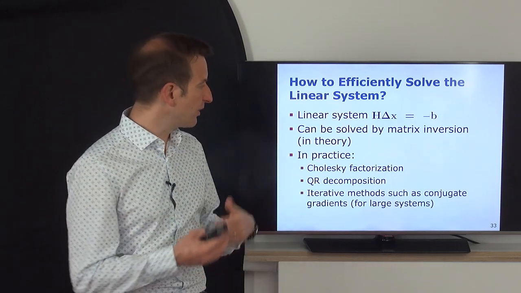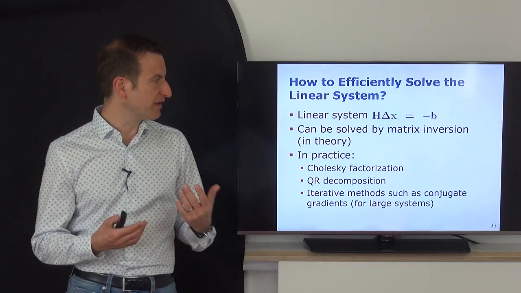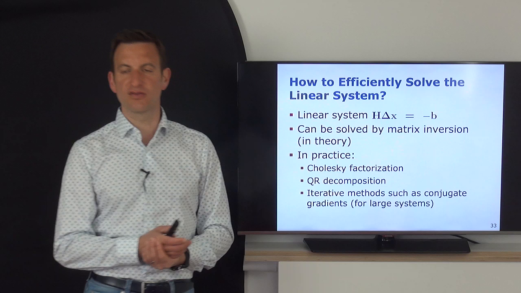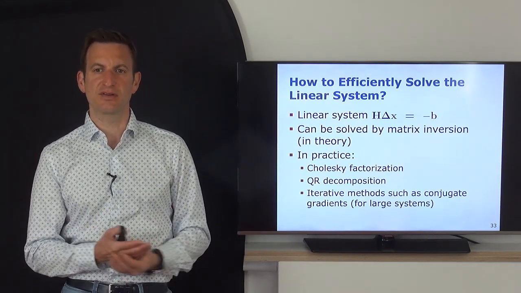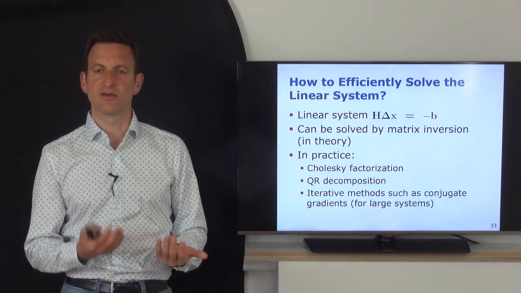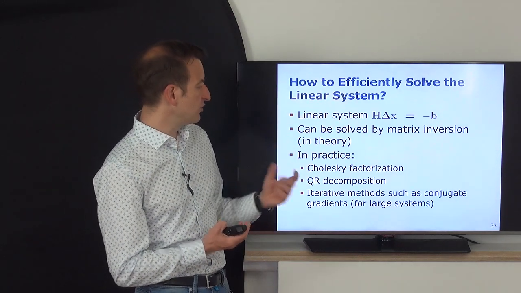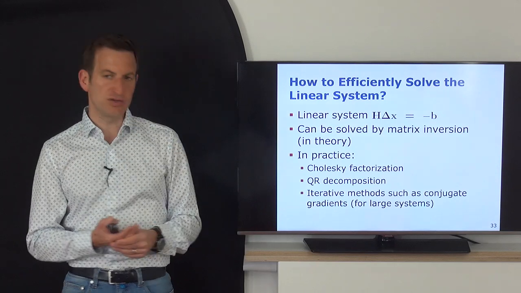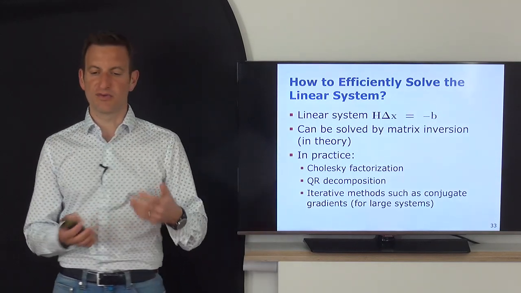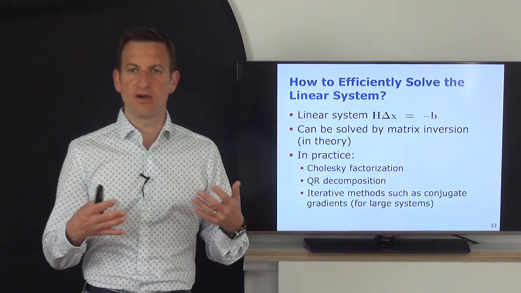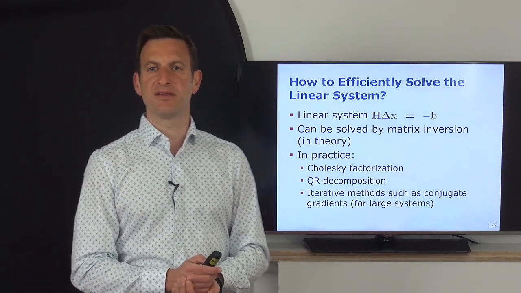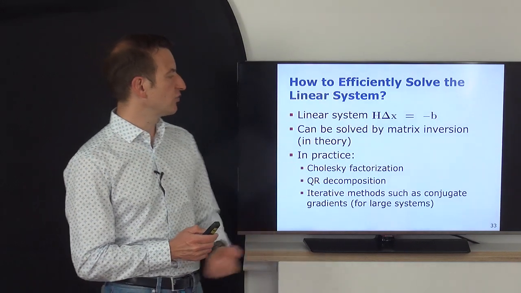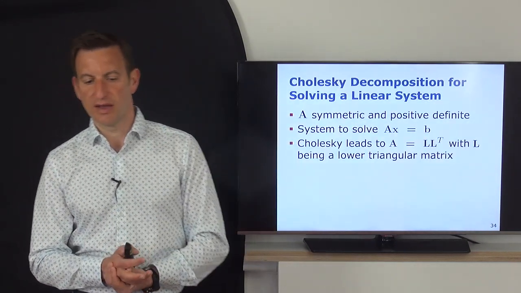But this requires a full matrix inversion, which is something you don't do in practice. So what you typically do is use matrix decomposition techniques or other techniques for a large system like conjugate gradients. This could be Cholesky factorization you may exploit, or QR decomposition. It depends a little bit on the properties of your system. And I just want to go through a very brief example and tell you how you can use Cholesky factorization in order to do this.